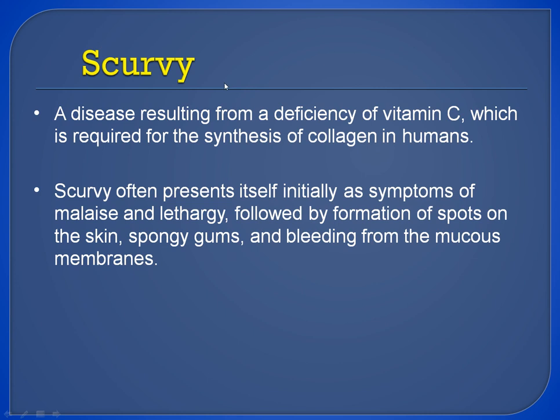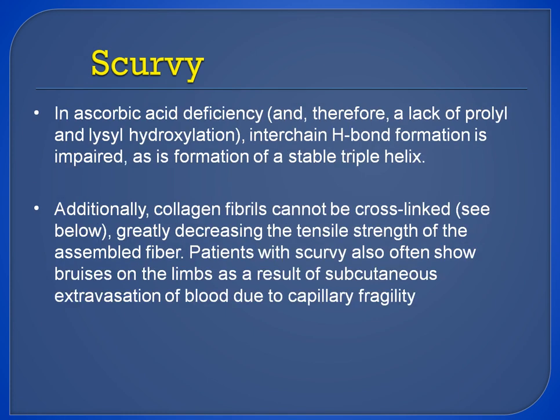Now come to scurvy. It is due to deficiency of vitamin C, which is also required for synthesis of collagen. Scurvy often presents initially as symptoms of malaise and lethargy, followed by formation of spots on the skin, spongy gums, and bleeding from the mucous membranes.